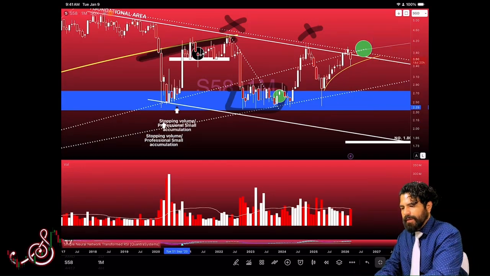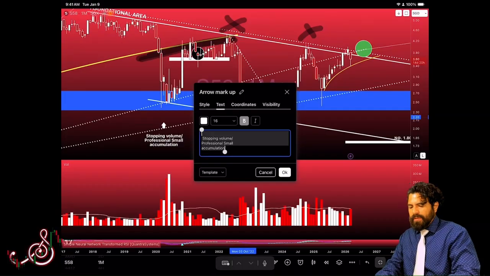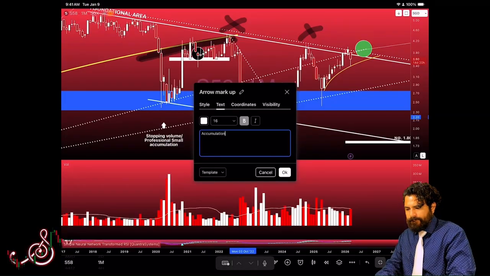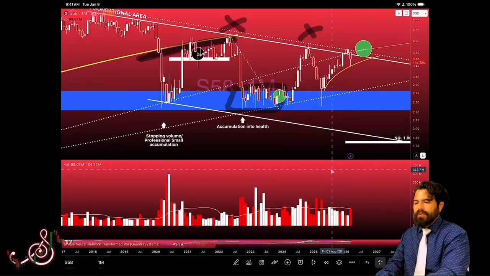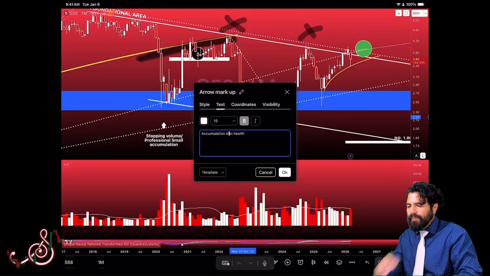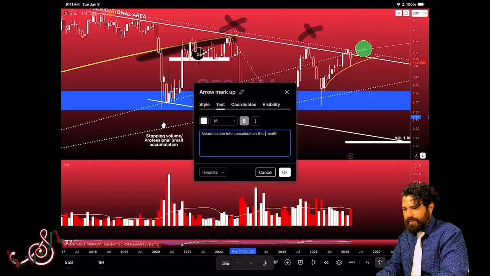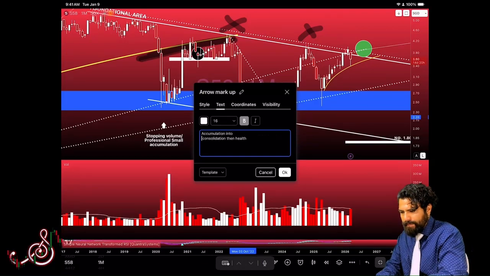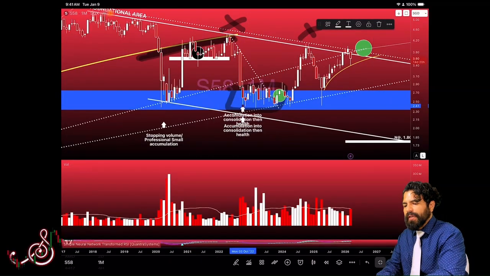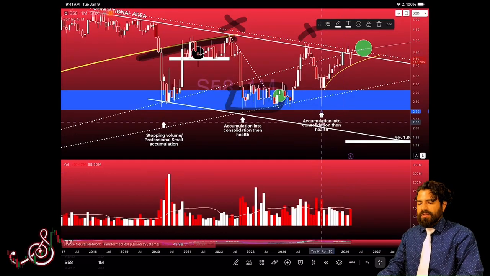And then we got another accumulation into health. Actually, it's accumulation into consolidation and into health. Then health. Okay, so that's something we can mark. Then the next one is going to be the last one. We're going to have some small accumulation on the down bar.